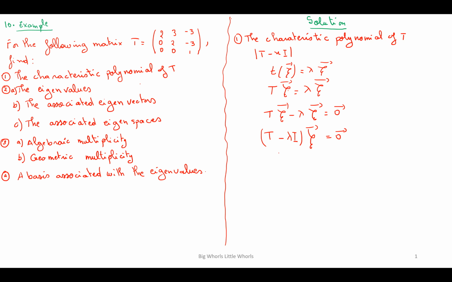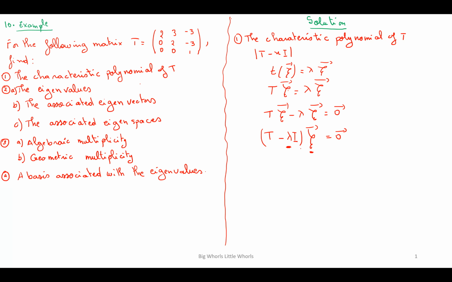Okay, so the definition of eigenvalue and eigenvector is what we have here: T minus lambda I multiplied by zeta, the eigenvector, is equal to 0. So basically, a transformation T has an eigenvalue lambda if we have T minus lambda I all multiplied by the eigenvector zeta equals 0.